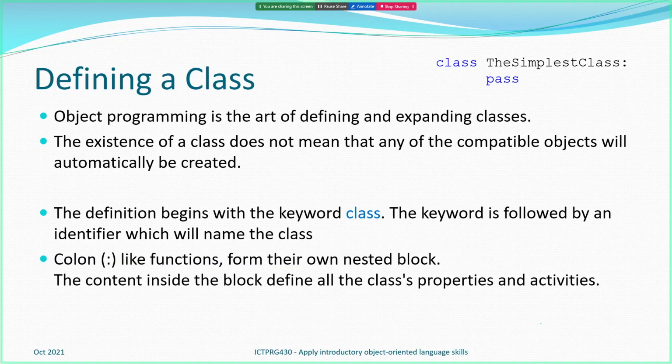You then define the attributes and properties of the class. In this example, in the top right hand corner, we're basically telling it to pass, which means we're not defining anything at this point in time other than the name.